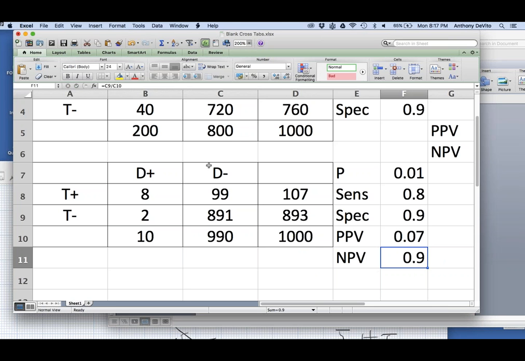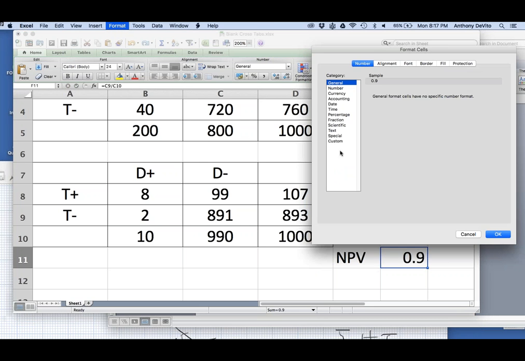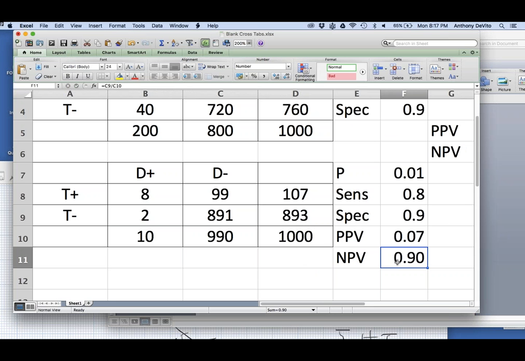It's actually, I have to make it show us another decimal place now. Oops, is it only 90%? Oh, I'm sorry, excuse me. I went into the wrong cell there. Let me do the whole thing again.